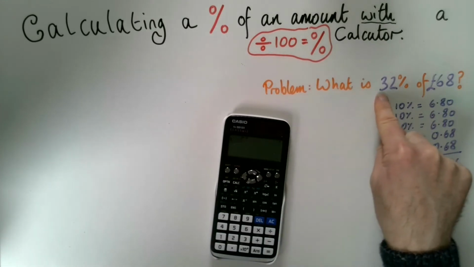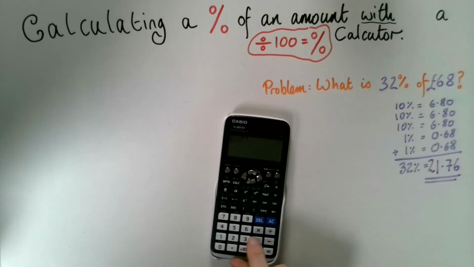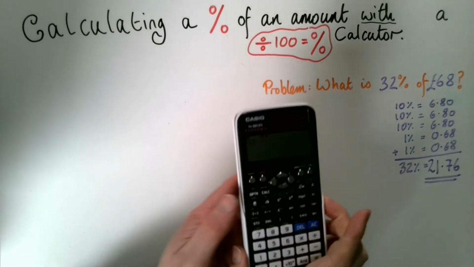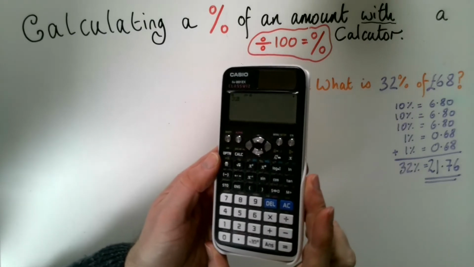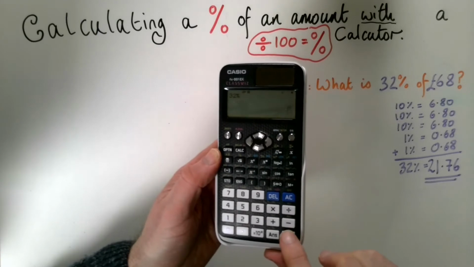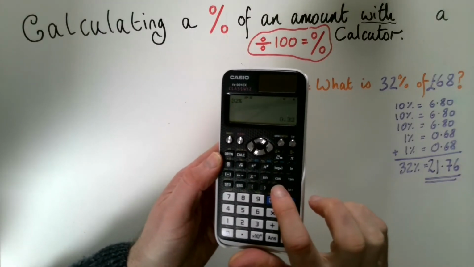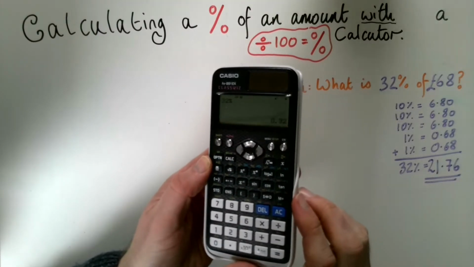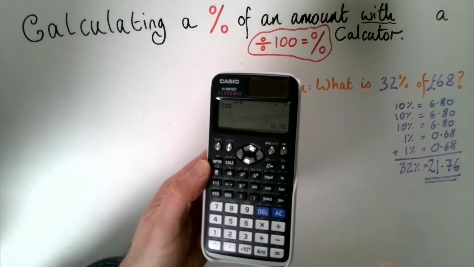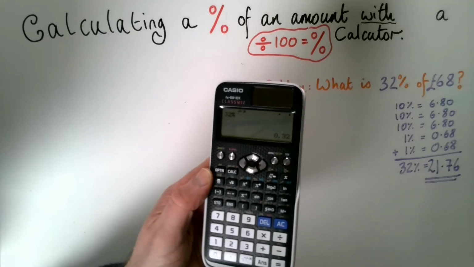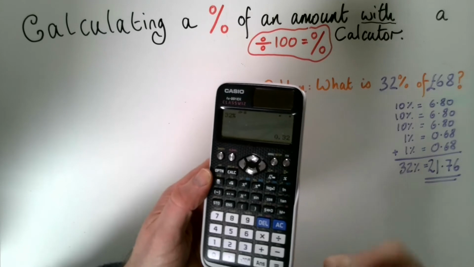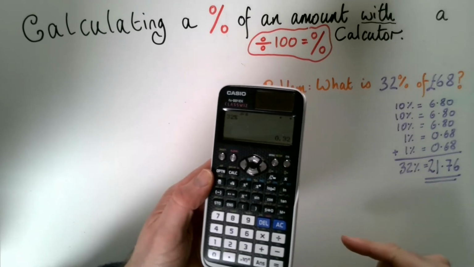So very quickly, if I wrote 32 and hit the percentage button like that, and then I press S to D, what it tells me is 32% equals 0.32. That's all the percentage button is there for, turning a fraction or a percentage into a decimal.